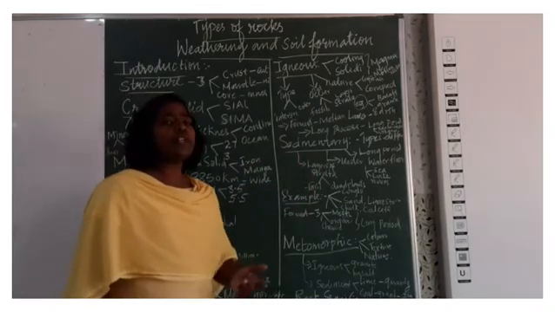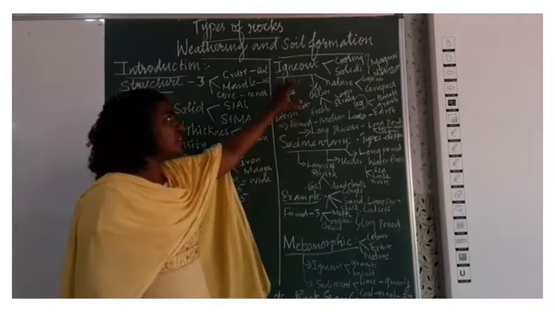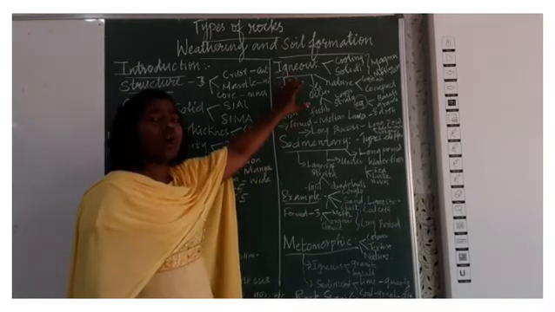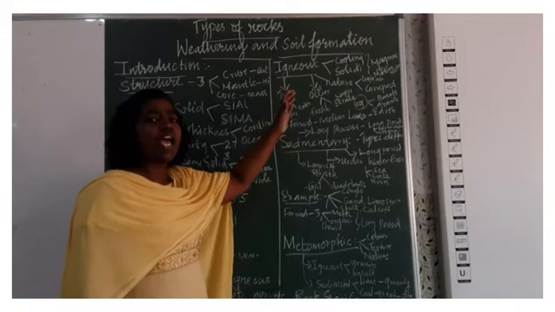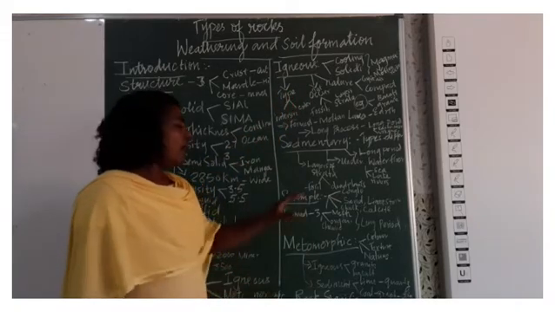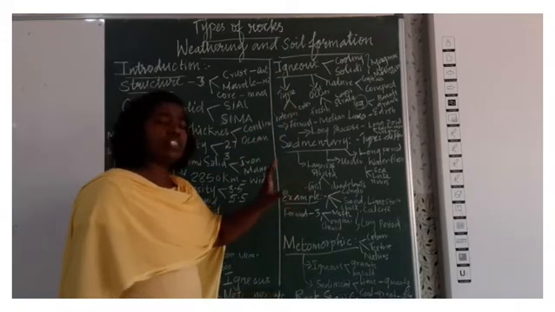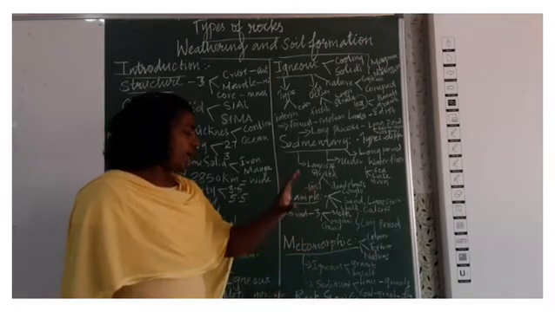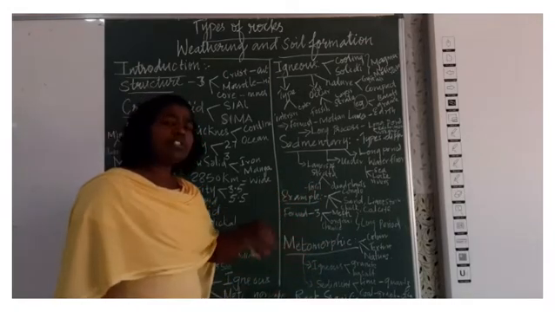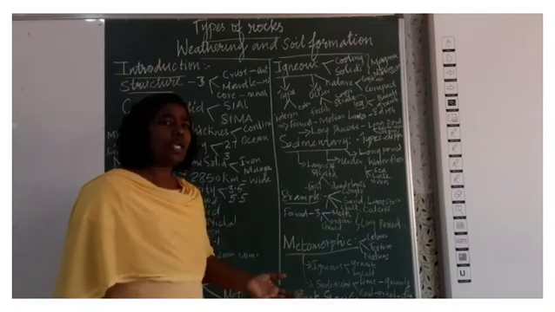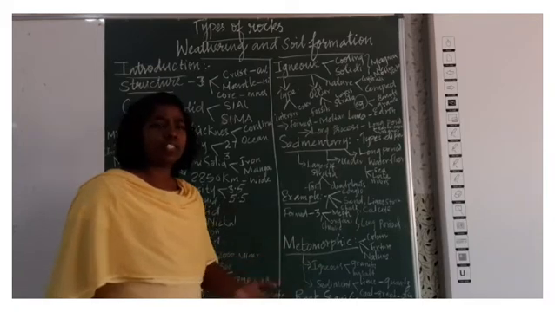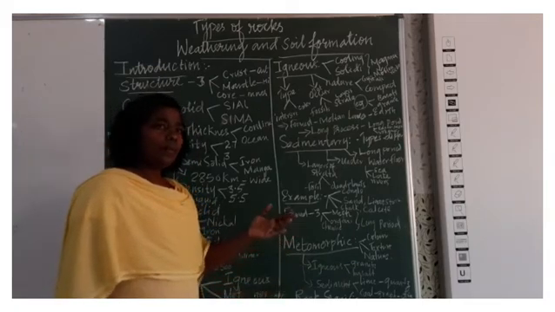When metamorphism occurs, the igneous rock turns into granite and basalt, and the sedimentary rock turns into limestone, okay, and coal, and the limestone turns into quartz and coal turns into graphite, and later it turns into diamond.